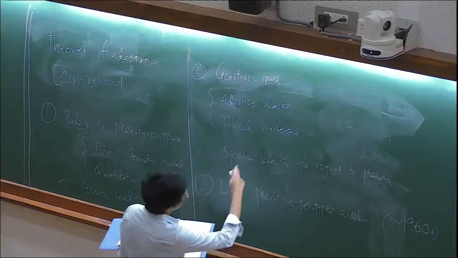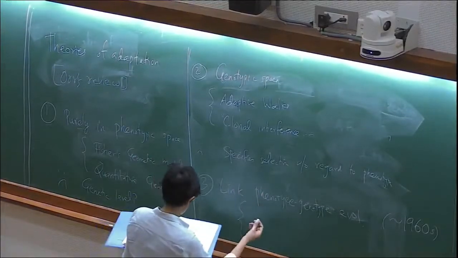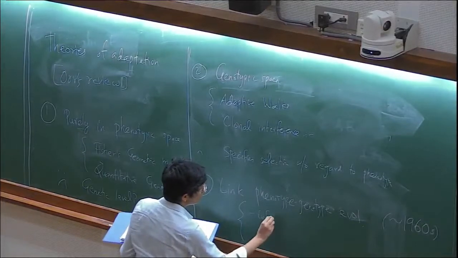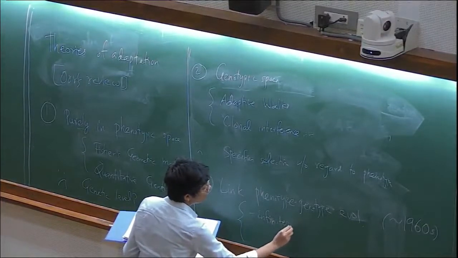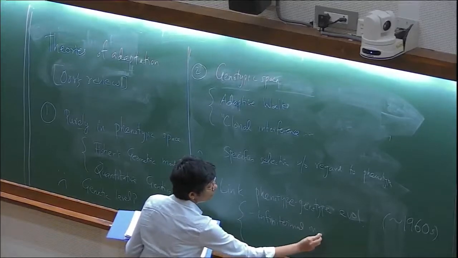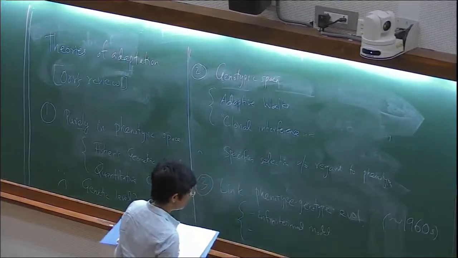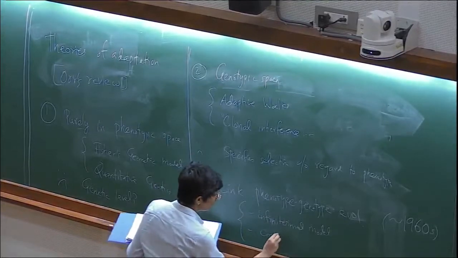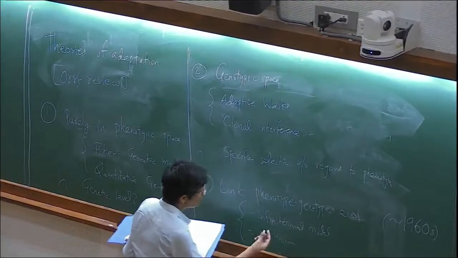Okay, and there are also a bunch of models that I just mention because you might encounter them. So there is this model called the infinitesimal model. I'll say a bit about that today. Then there is the infinite alleles or continuum of alleles model, slightly different, continuum of alleles actually.